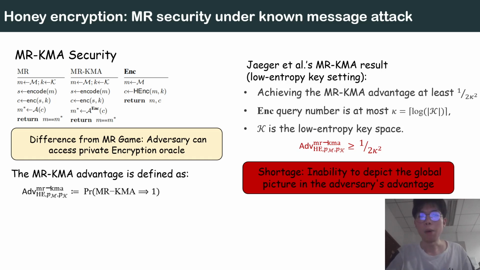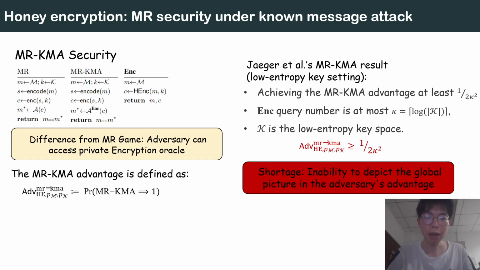Next, we analyze the message recovery security under known message attack, that is MRKMA security. The only difference between the MRKMA game and the MR game is that the MRKMA adversary has access to a private encryption oracle. At Eurocrypt 2016, Jaeger et al. presented the following result. Let K be the low entropy key space.